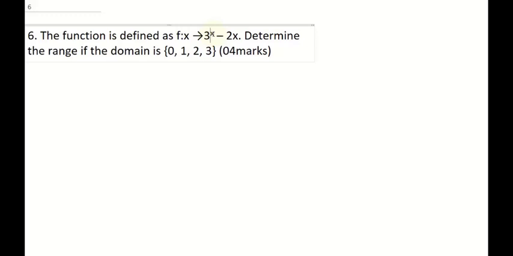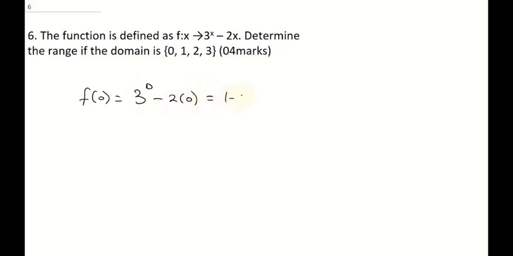Now, in order to get the range, all you need to do is find f of 0 for this domain. So f of 0, you have 3 raised to power 0 minus 2 times 0. This is 1 minus 0, which is 1. When you look for f of 1, it's going to be 3 raised to power 1 minus 2 times 1, which is 3 minus 2, and that's 1 again.